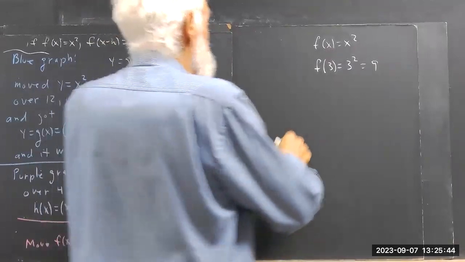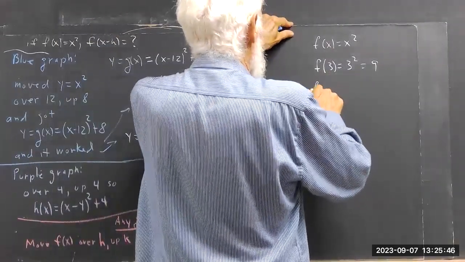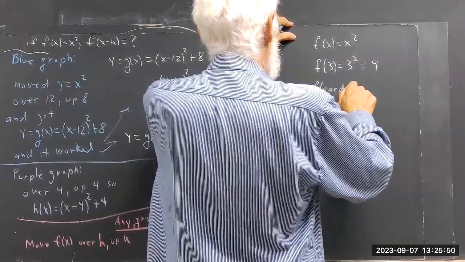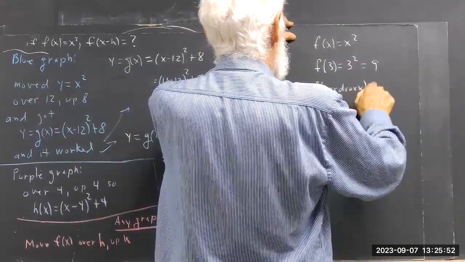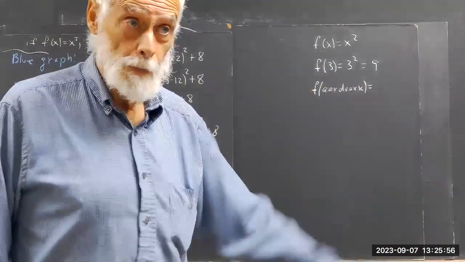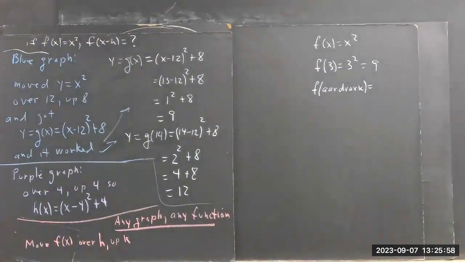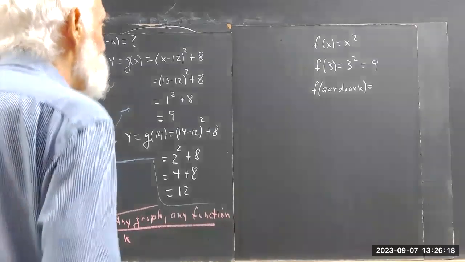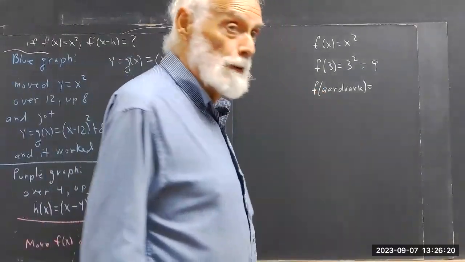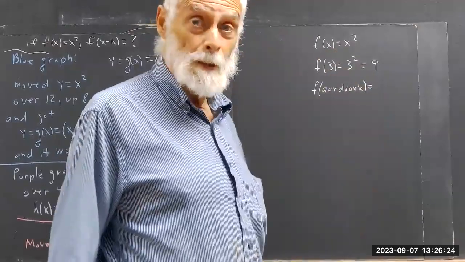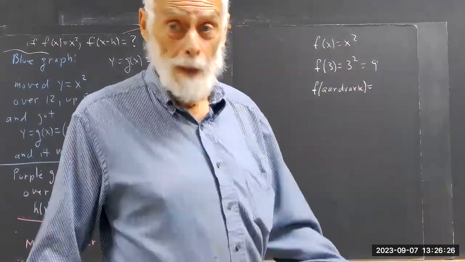Okay, now my favorite. We go right to the dictionary and open it, and the first word we see is aardvark. So what is f of aardvark? Well, x has been replaced by aardvark, so we have to replace x by aardvark. We worry about what it means later.